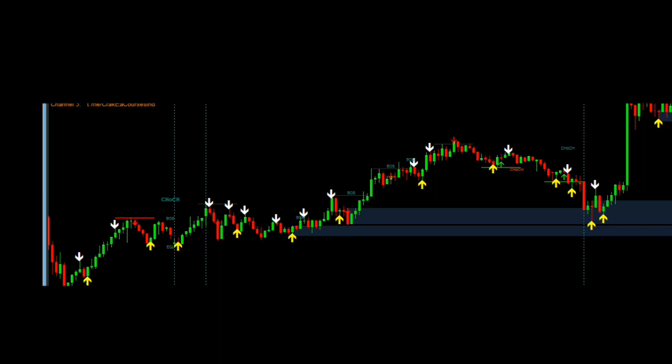Four. Is it four or five? Okay, 4, 5. So out of 17, we lost 5. And for most of the ones that lost, some of their arrows pop up 5 minutes later.